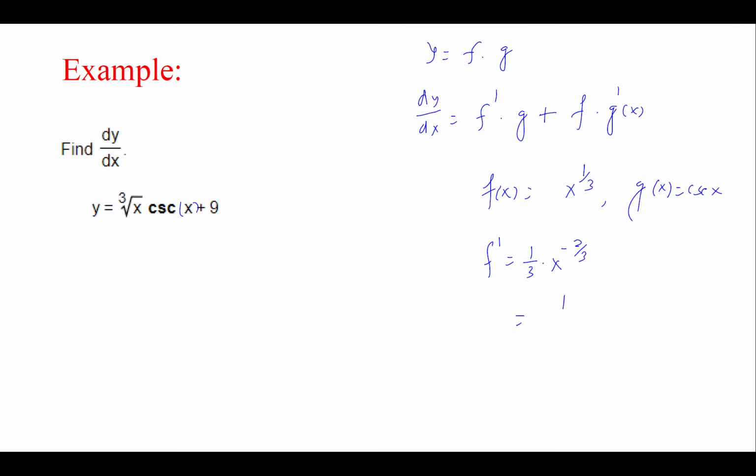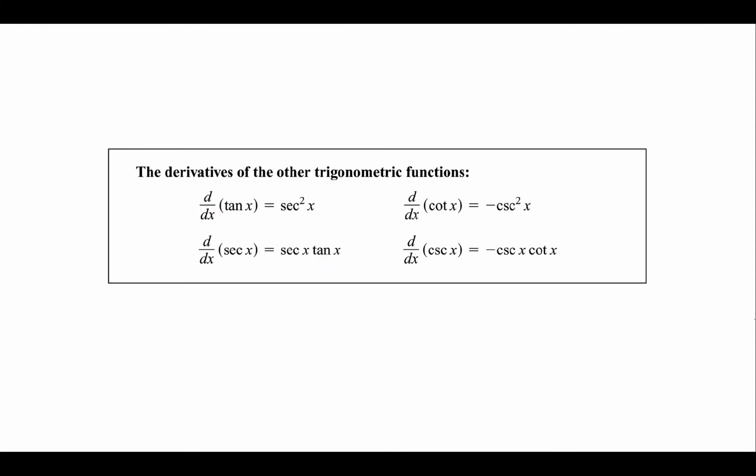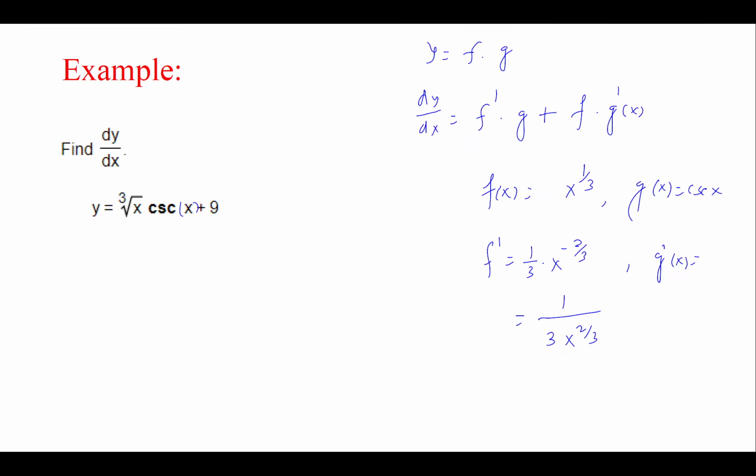So we can write it as 1/3 x to the power negative 2/3. And the derivative of cosecant, if you go back to the table, is negative cosecant times cotangent.